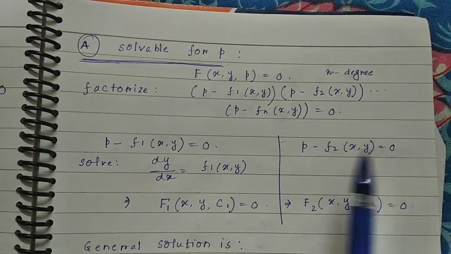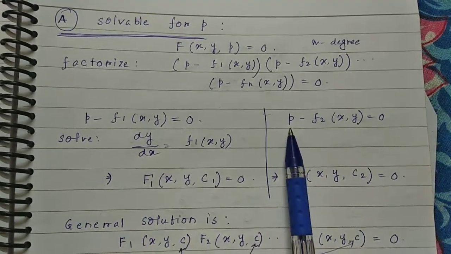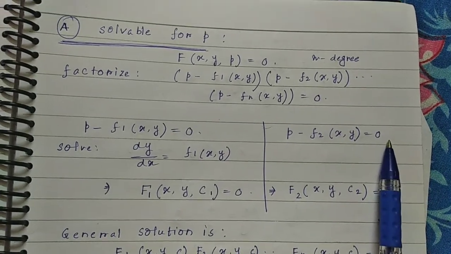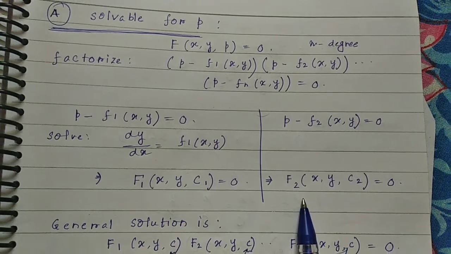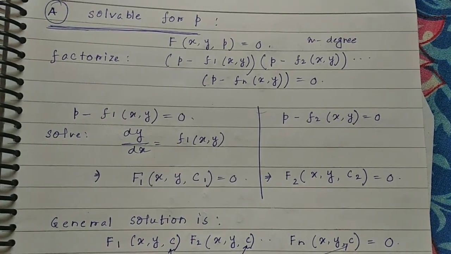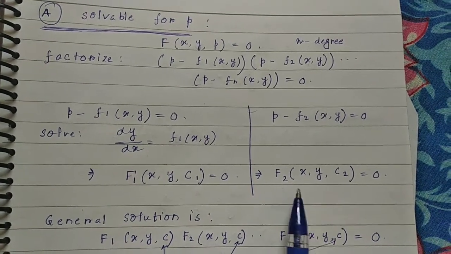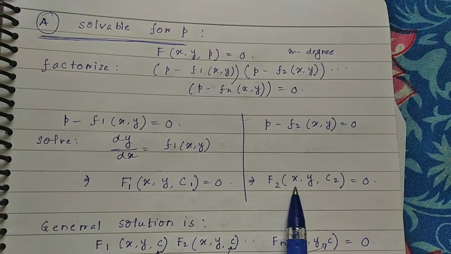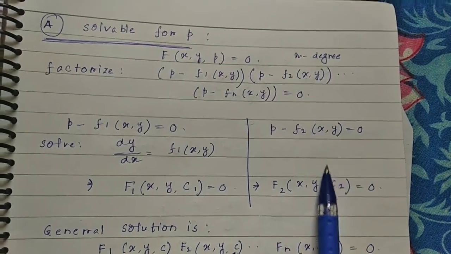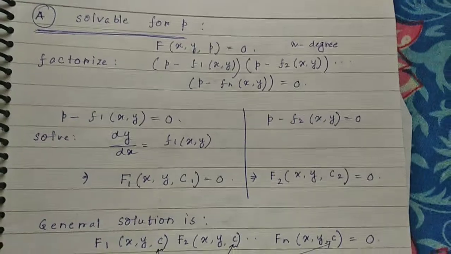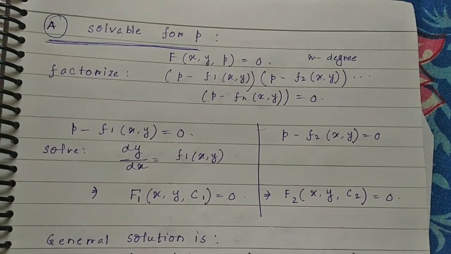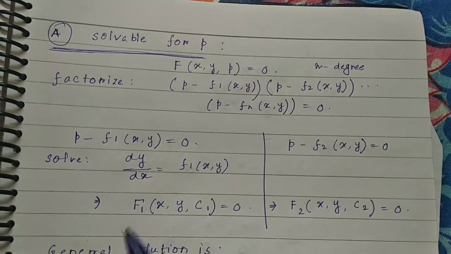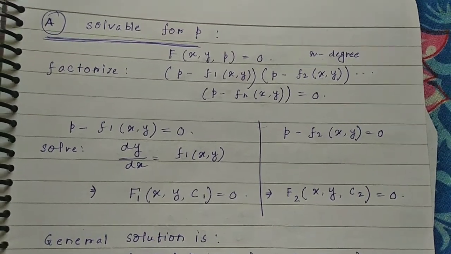Now we can again assume p minus f2 is 0, and again you get another function f2 of x, y, and c2 is another constant, equal to 0. In this way you can get n functions, f1, f2 up to fn, for each of these factors.